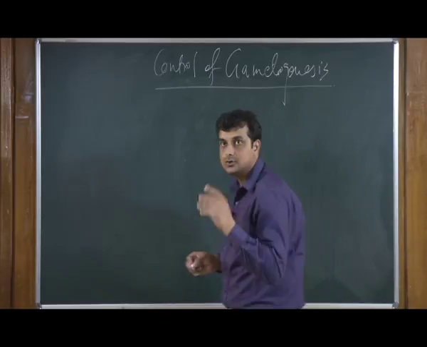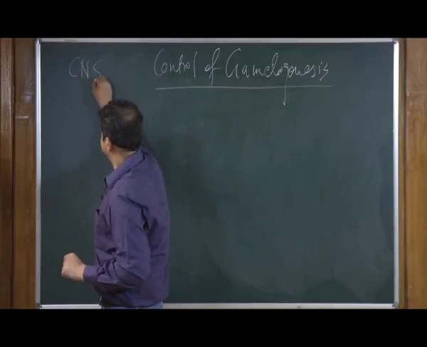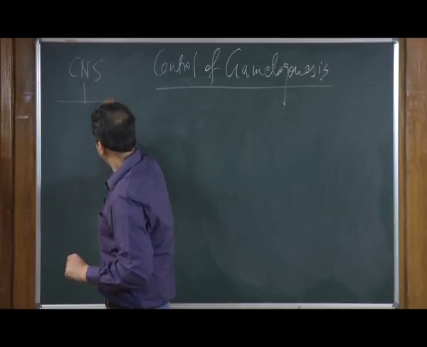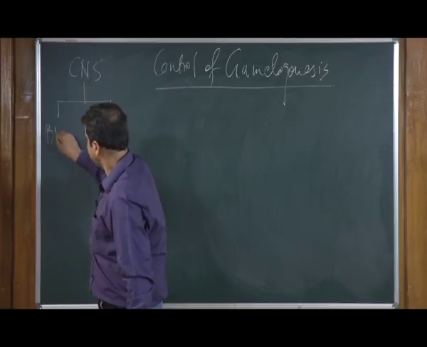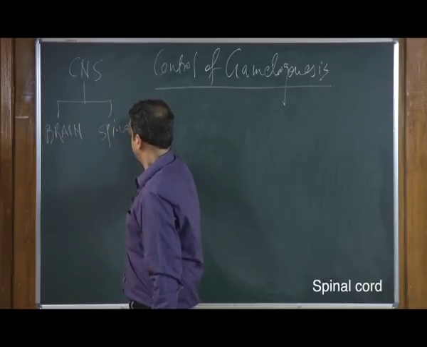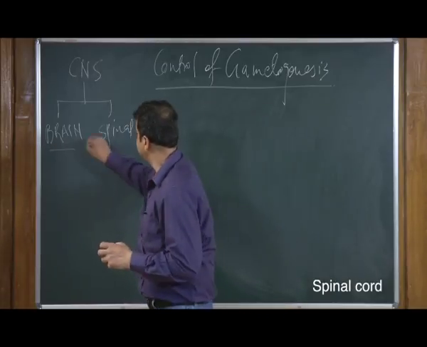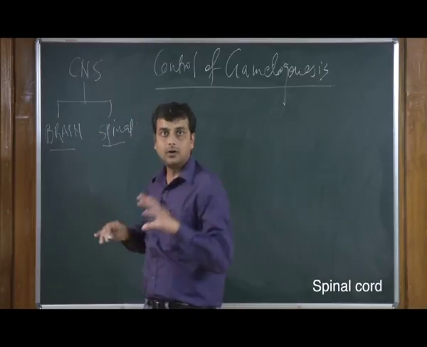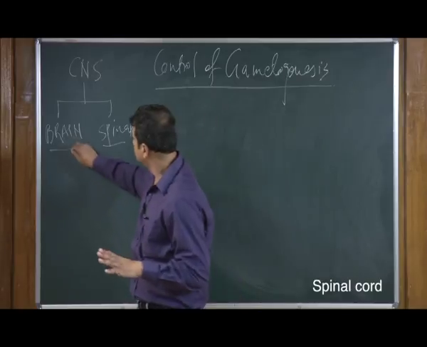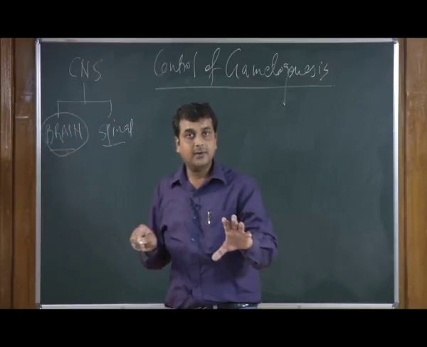So, let us jot down one by one. The central nervous system is the collection of brain and spinal cord. We will not discuss much about the spinal cord, so let us focus on the brain. What is there in the brain?